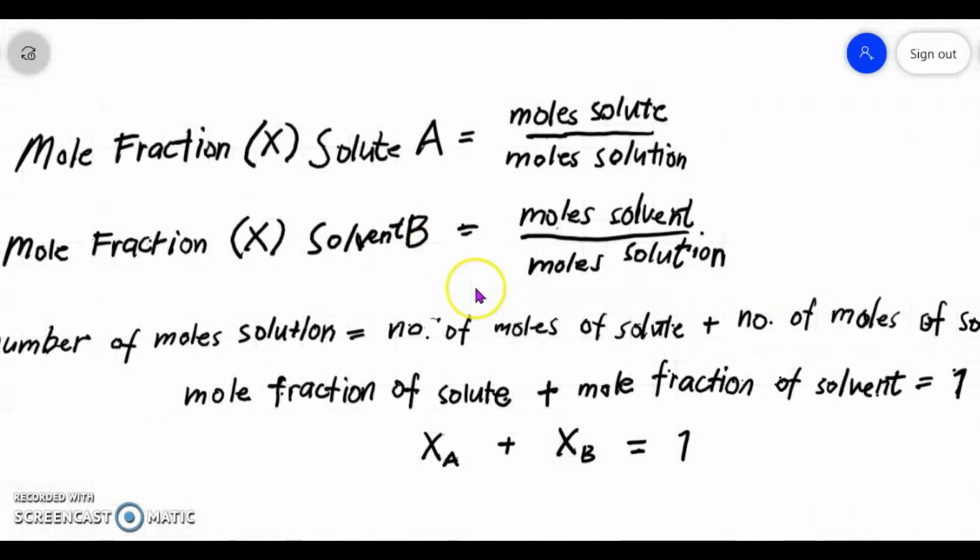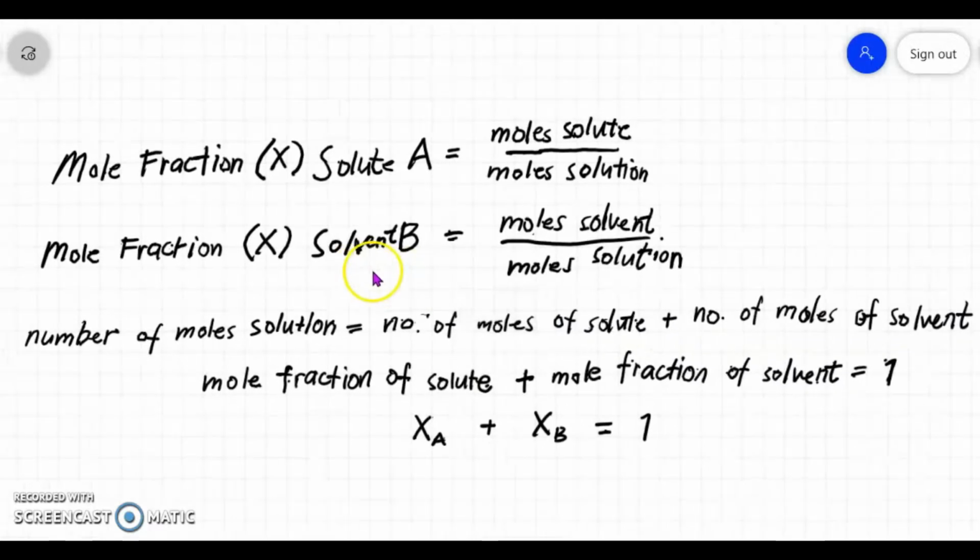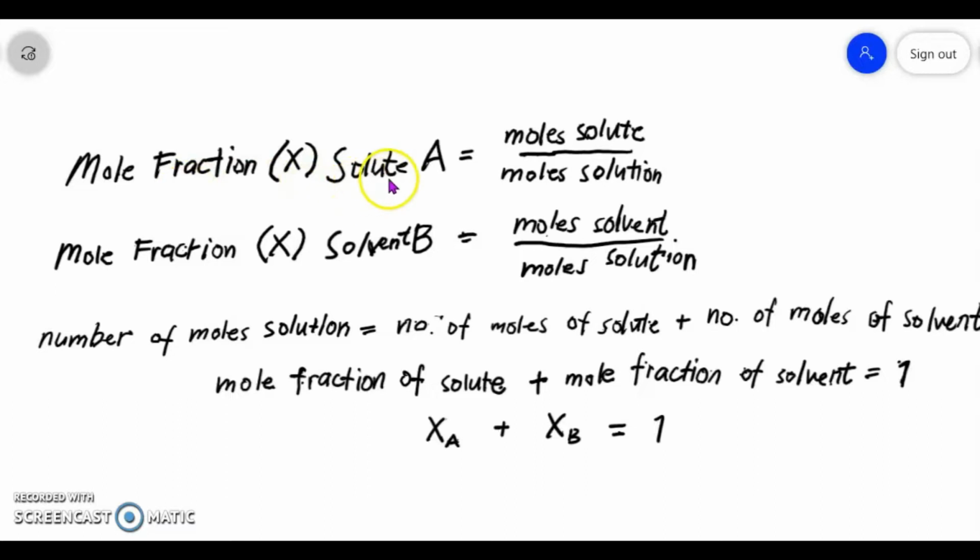The necessary formulas we will be using to solve problems involving mole fraction are the following. On my screen, you can see the mole fraction X solute A. To shorten this, we use the representation X sub A. The mole fraction of solute is equal to the number of moles of solute divided by the number of moles of solution.